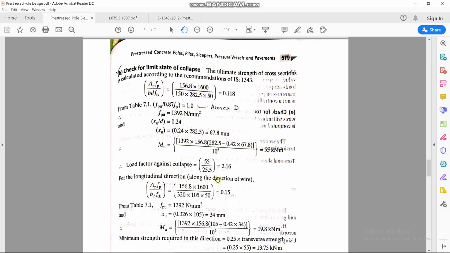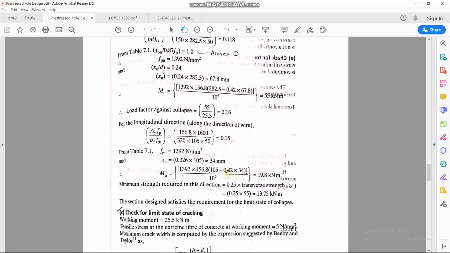So you have a moment capacity of 55 kilonewton meter, and the load factor against collapse is like the capacity is 55 and the moment is coming out to be 25.5. So it's basically a factor of safety, how much load factor against collapse there is. So it's 2.16, which is pretty good.